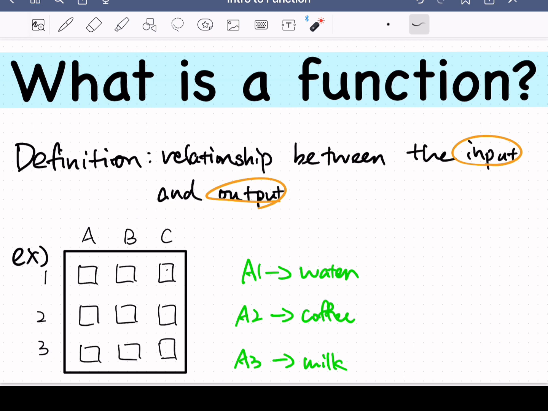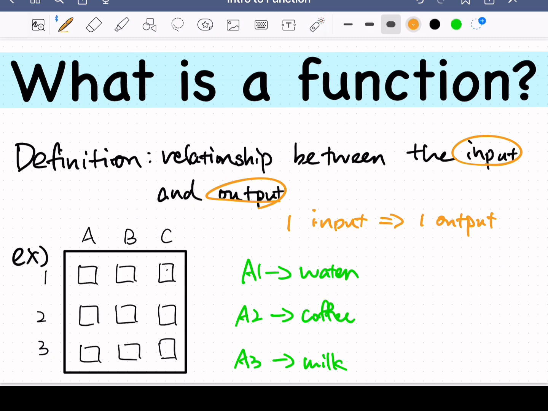A function means that one input strictly corresponds to one output. So it's impossible that for one single input, you have many different corresponding outputs. That's not a function. But the other way is possible, which means when there are multiple inputs and their output is exactly the same.